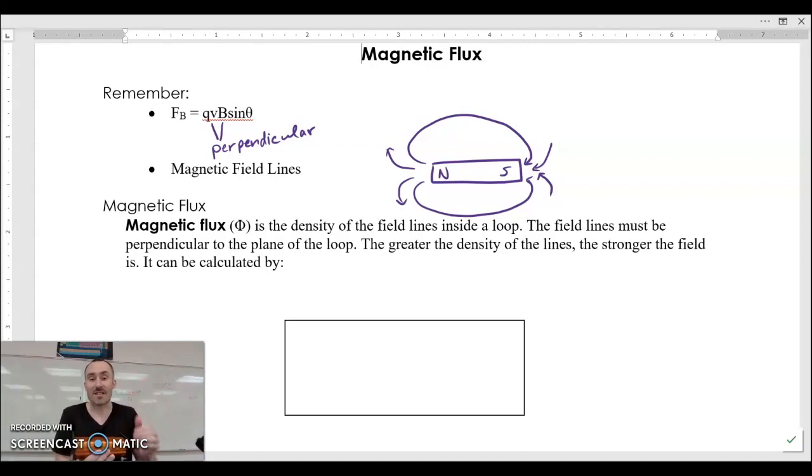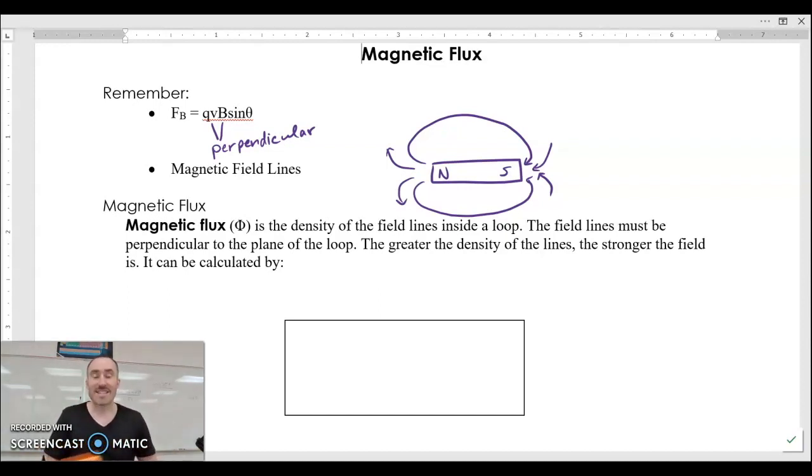So in this case, this bar magnet that I've drawn, I have to specify that the field points from north to south outside the magnet because it's actually the opposite inside the magnet, in there. Okay, so we need to remember what a magnetic field looks like because that's going to make a difference for flux as well.